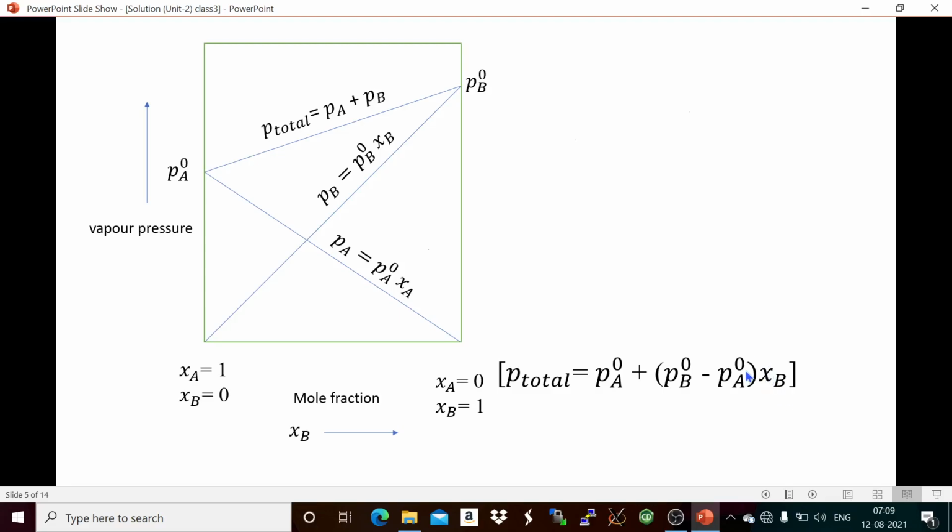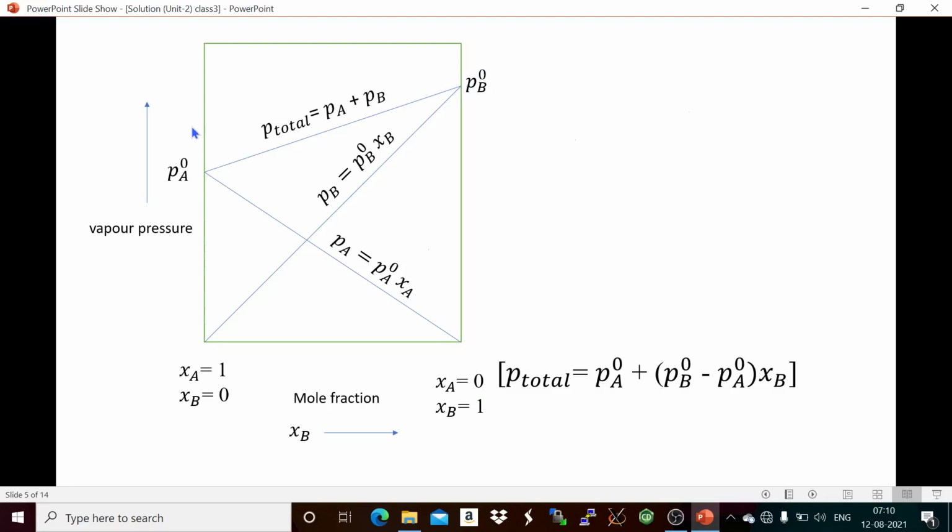So when XB is 0, P total is PA naught, that is the minimum value of P total. When XB is maximum, 1, that is no component A is present, then the value of total pressure is PB naught.